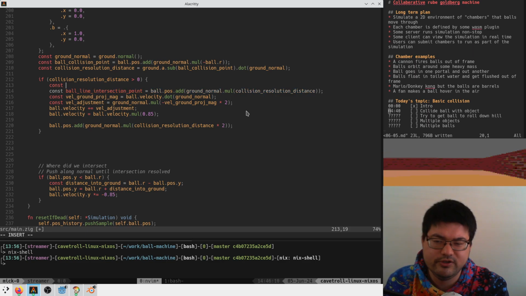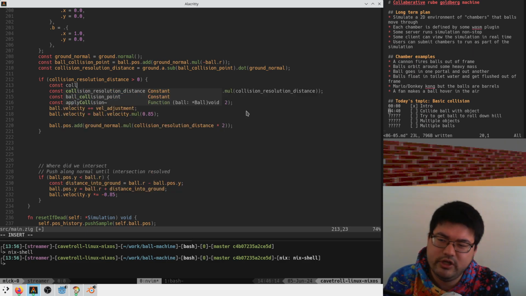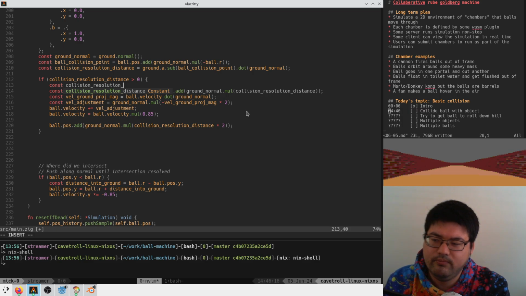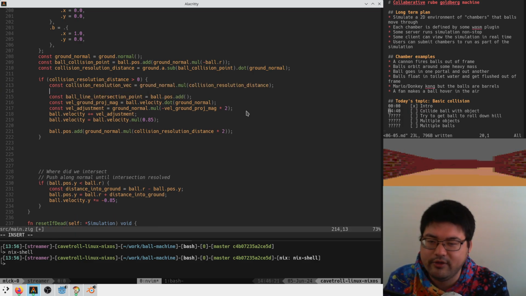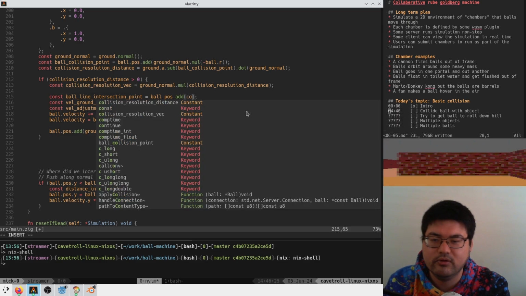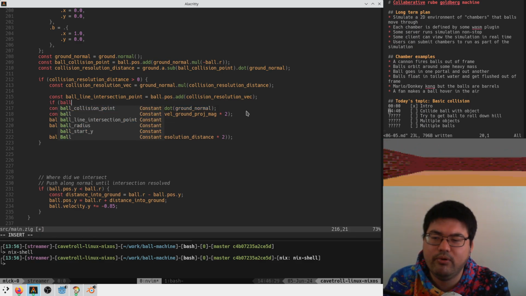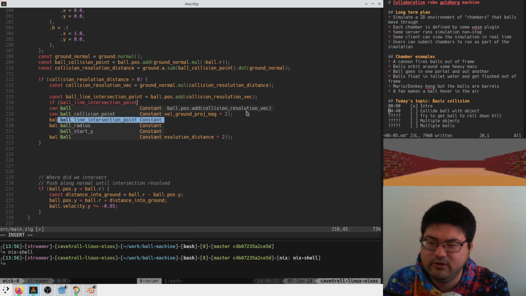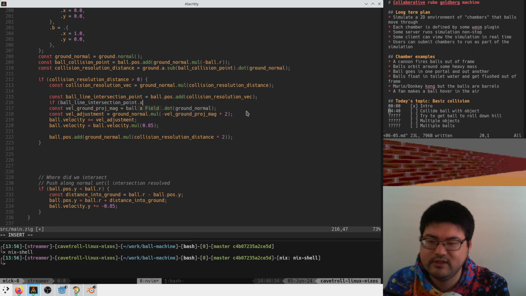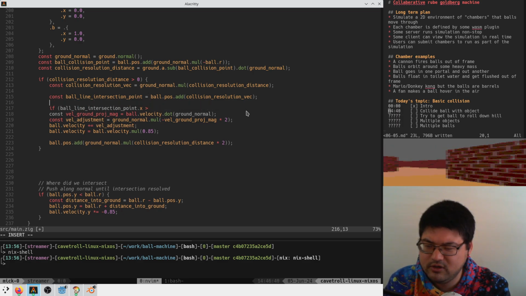So then we can say const collision resolution vec is this, the ground normal times the distance. We check if we add this to this guy, if ball line intersection point x is between A and B on the line.